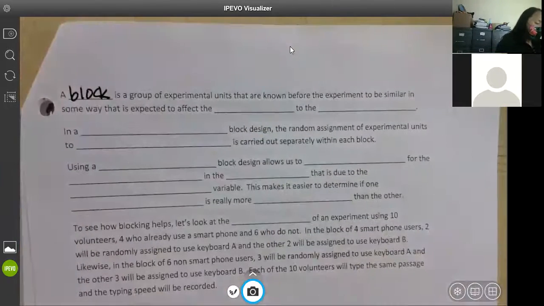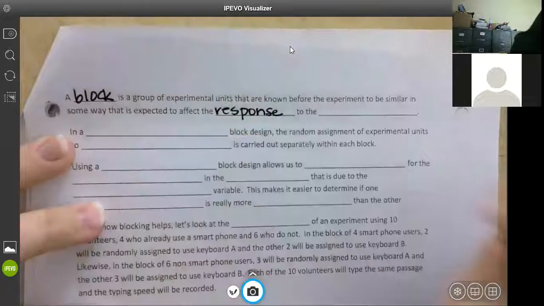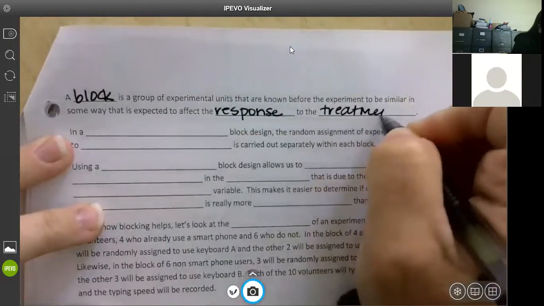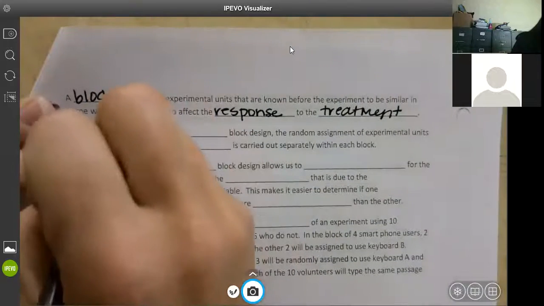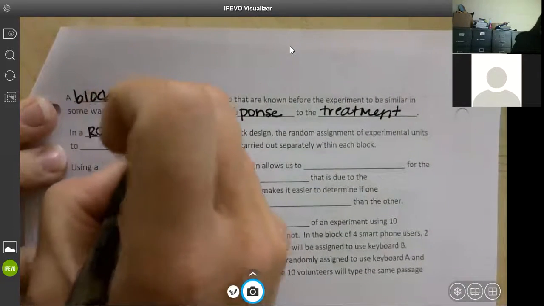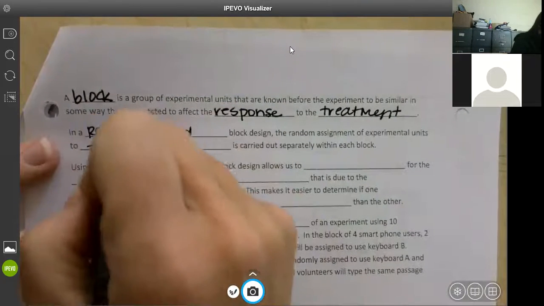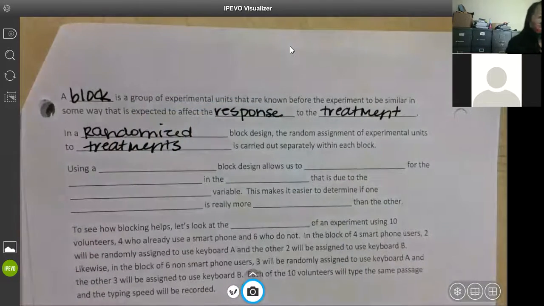A block is a group of experimental units that are known before the experiment to be similar in some way that is expected to affect the response to the treatment. In a randomized block design, the random assignment of experimental units to treatments is carried out separately within each block.